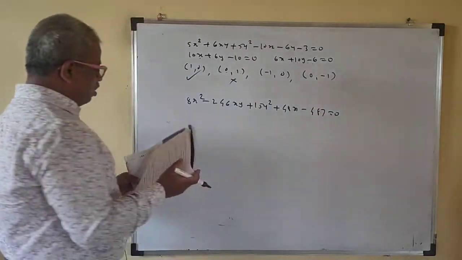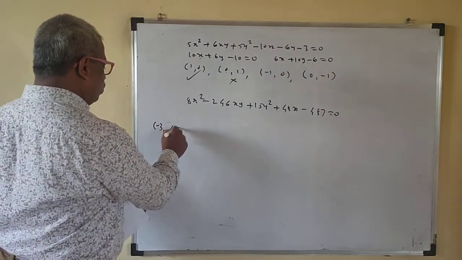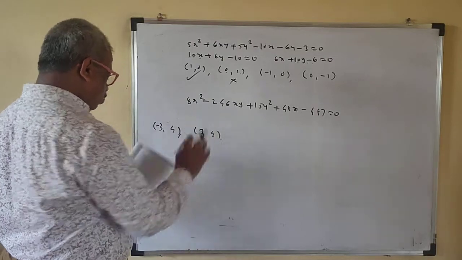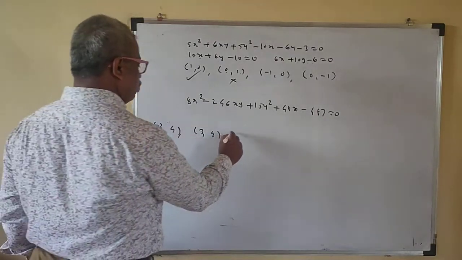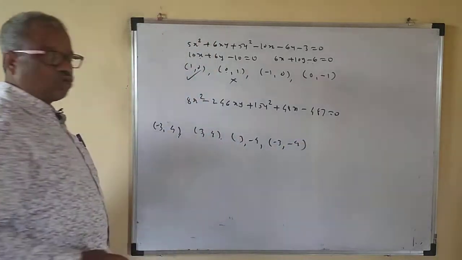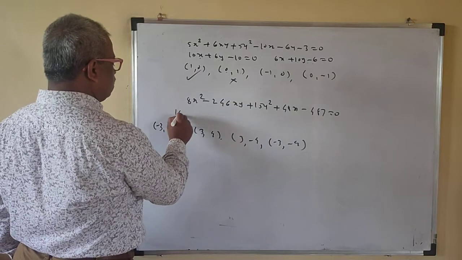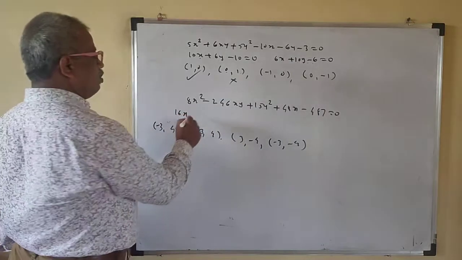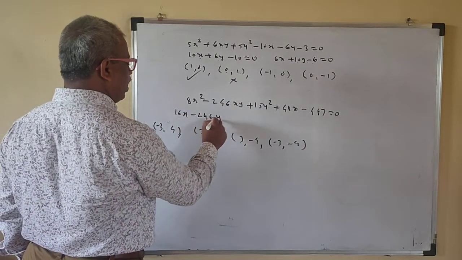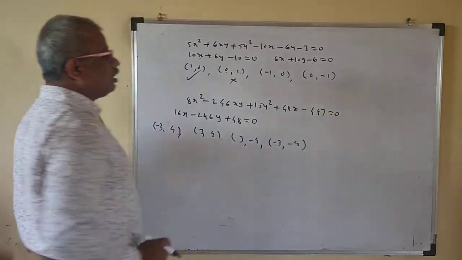Options are given, suppose minus 3, 4, 3, minus 4, and so on. Such options are provided to you. Differentiate this: 16x minus 246y plus 48 is equal to 0.